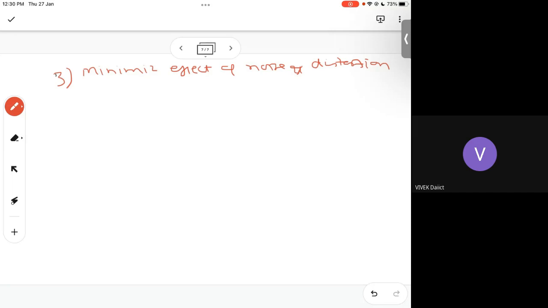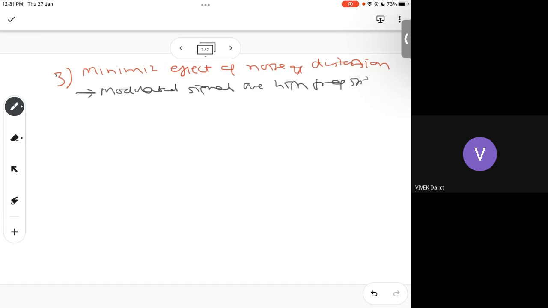These things are very much minimized because of modulation. Your modulated signals occupy the high frequency spectrum, because they involve a carrier on which the message signal is overridden.